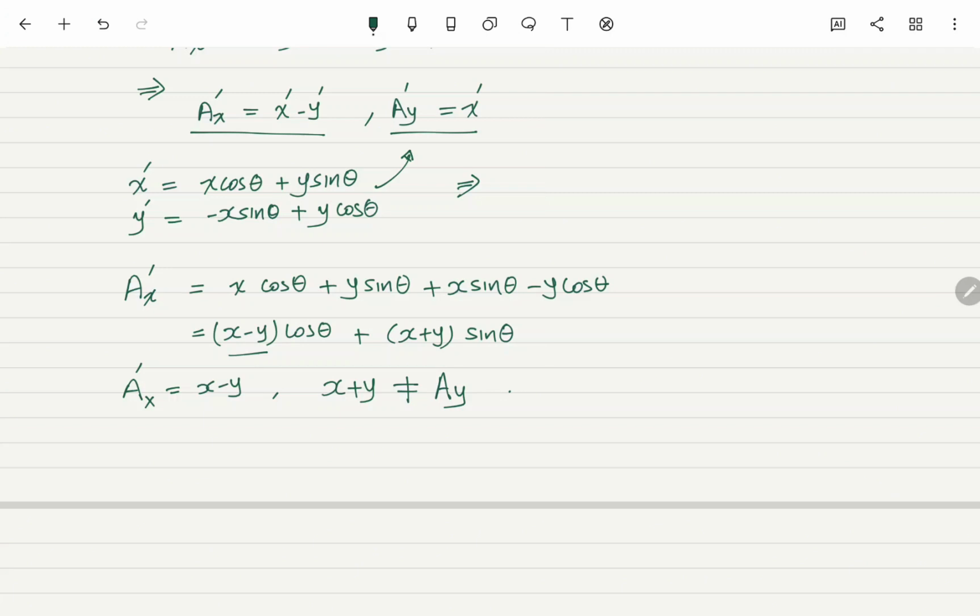So the conclusion for this one here, x minus y and x does not form a vector. No need actually to go further, as one component, ax prime, does not transform in the same way as x prime.